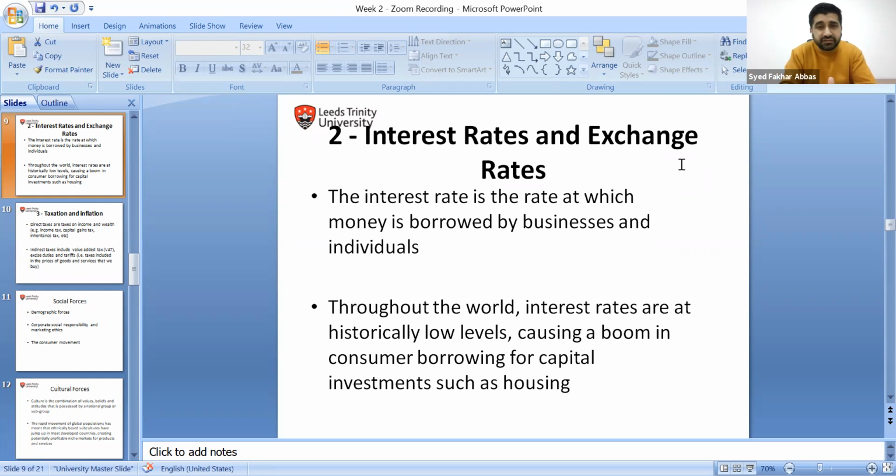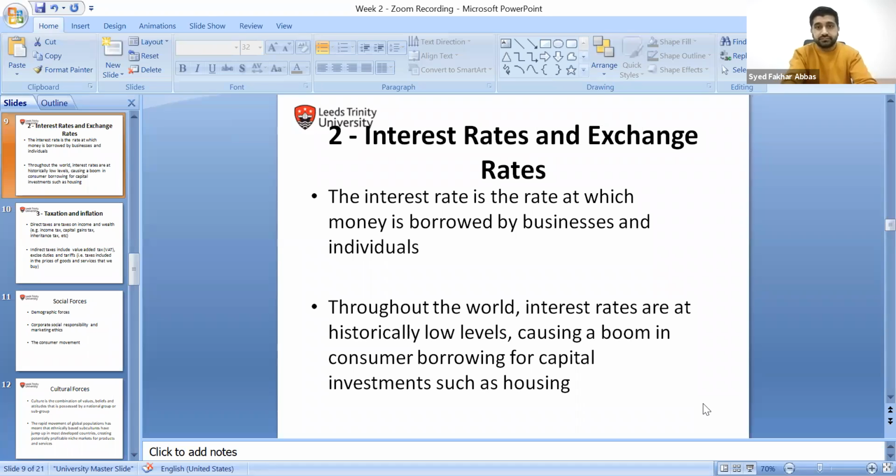And if the interest rate is low, then they will be able to take loans and introduce new businesses. So the rate of interest is very important when we are talking about businesses.